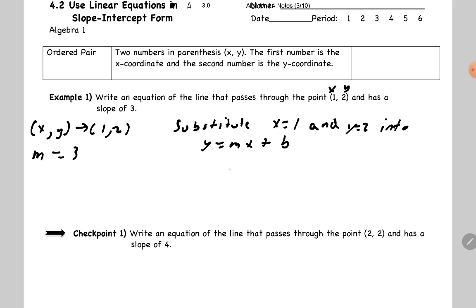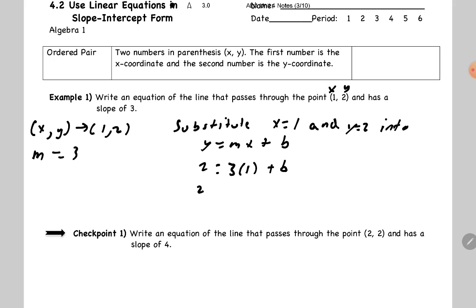So y, which is 2, is equal to m, which is 3, times x, which is 1, plus b.